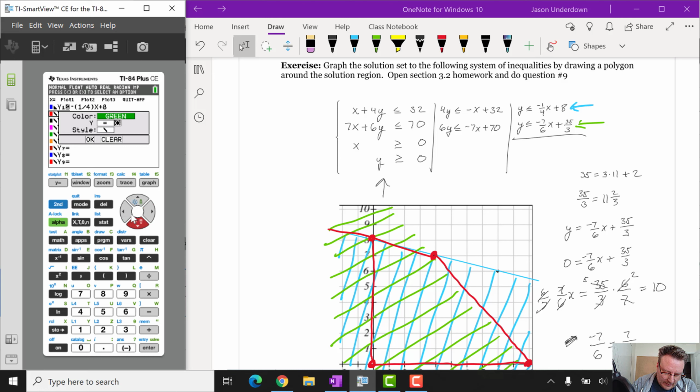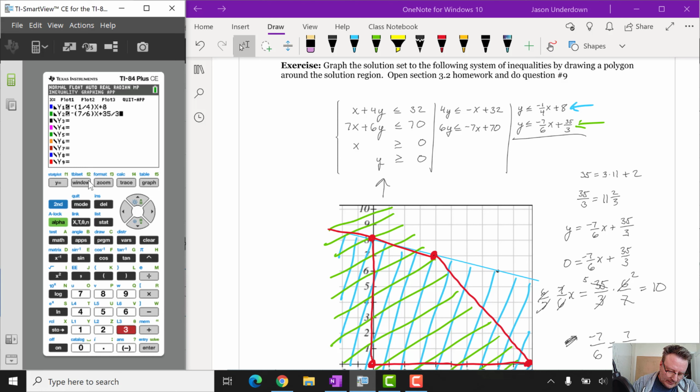Green. And then we'll change this to less than or equal to. Cursor down to OK. Now I cursor over to where I can put in the linear part. So I have -7 divided by 6 x plus 35 divided by 3.